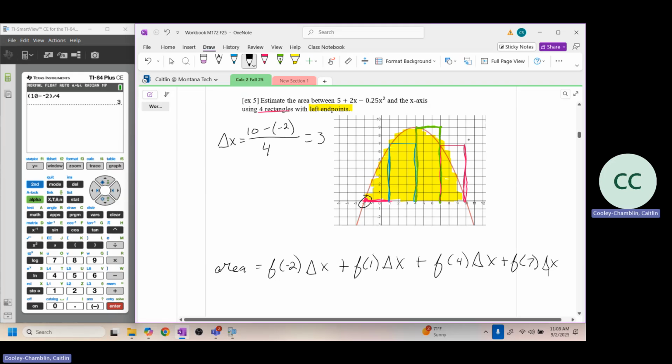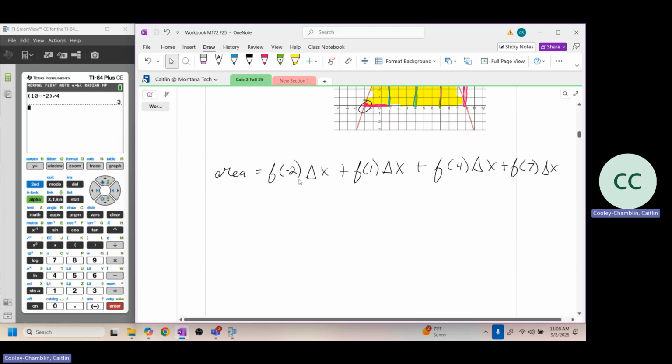And so what we're going to do is calculate what's the height of my curve at negative 2, which that one's 0. What's the height of my curve at 1, 4, and 7.